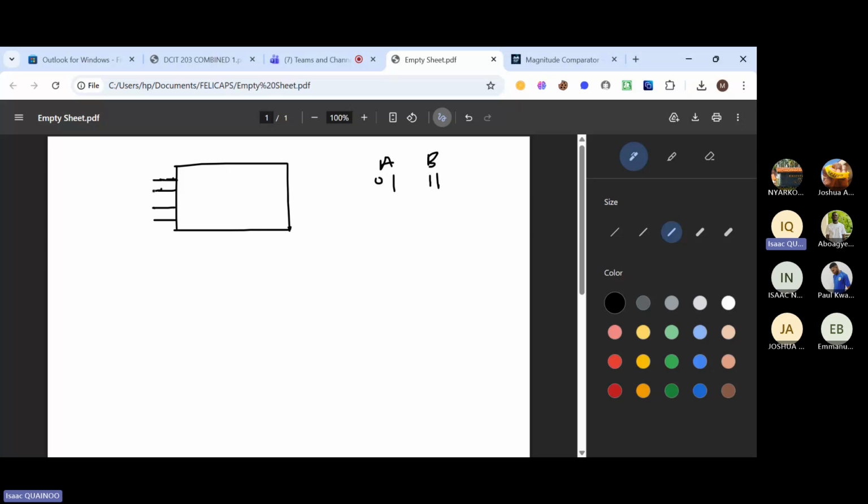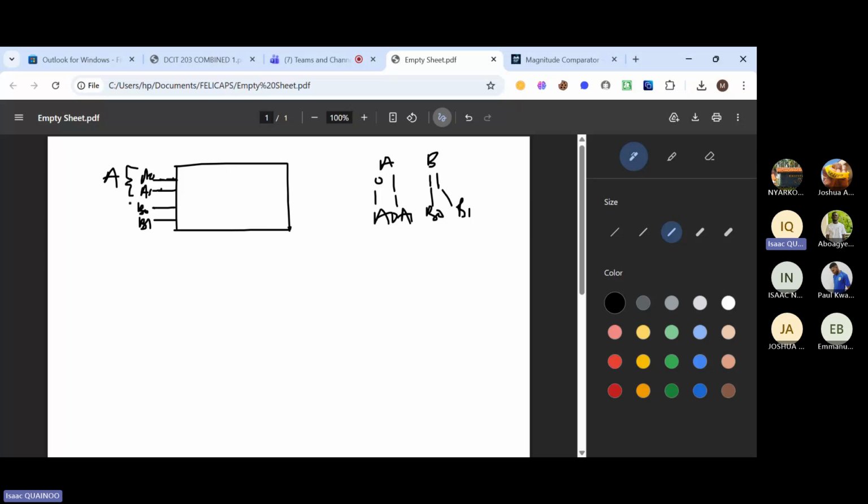Okay, so in total, we name the first A0, then we name the second A1. So we classify both of these as A. And then the first here, we will call it B0, and then the second here, we will call B1.